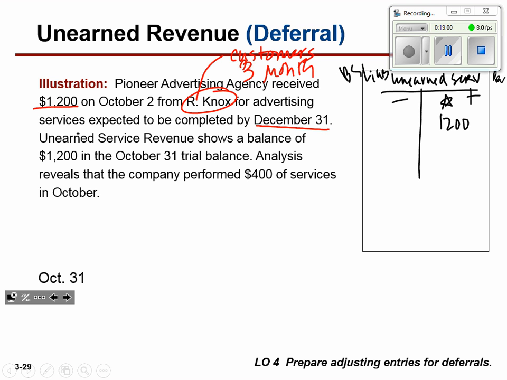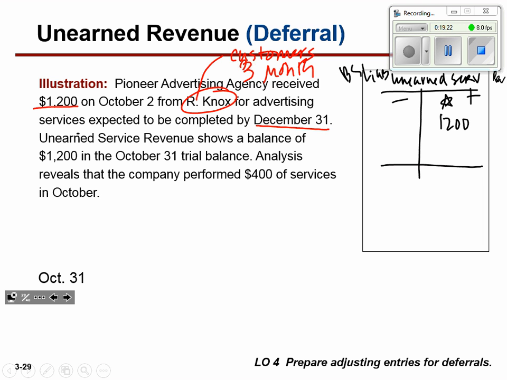Of course, the trial balance shows $1,200 because we haven't adjusted yet. But at the end of October, an analysis reveals the company performed $400 worth of services. Can you tell it's $400 a month? 400 times 3 is 1,200.